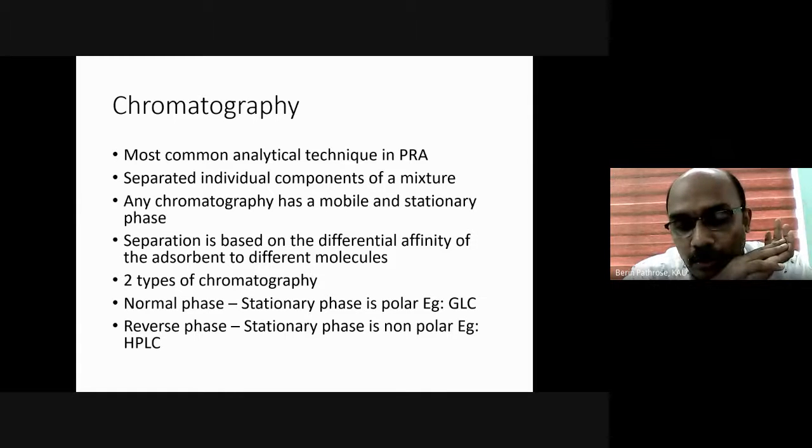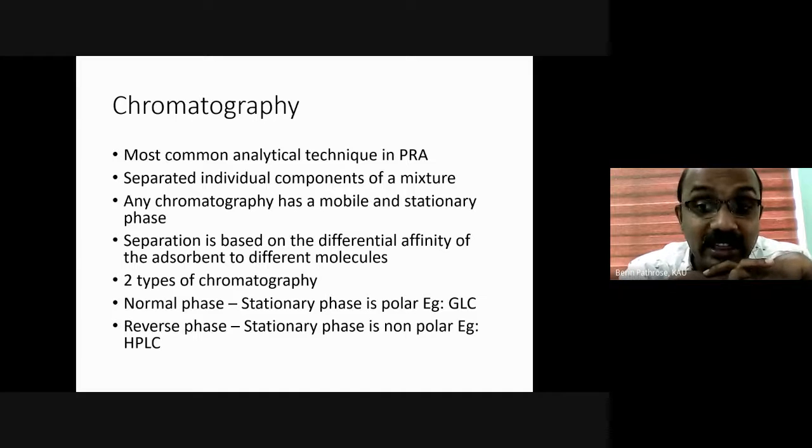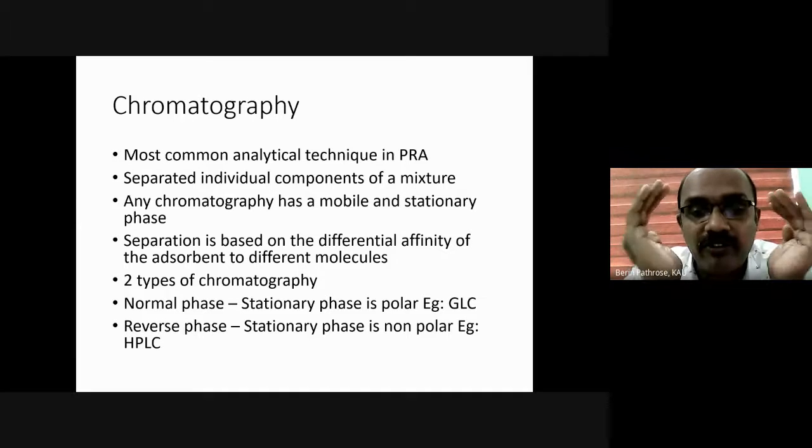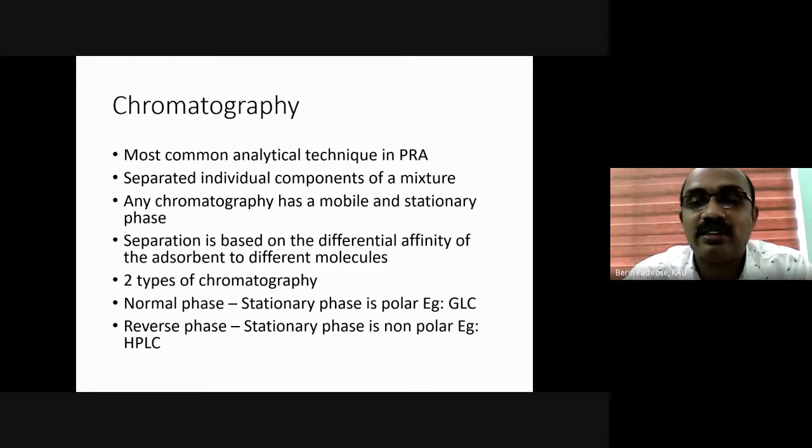So that is chromatography. That's why yesterday I told you there are labs which have the capacity to analyze 400 pesticides at a time. That means their chromatographic technique is so perfect that they can separate out 400 pesticides from a mixture.